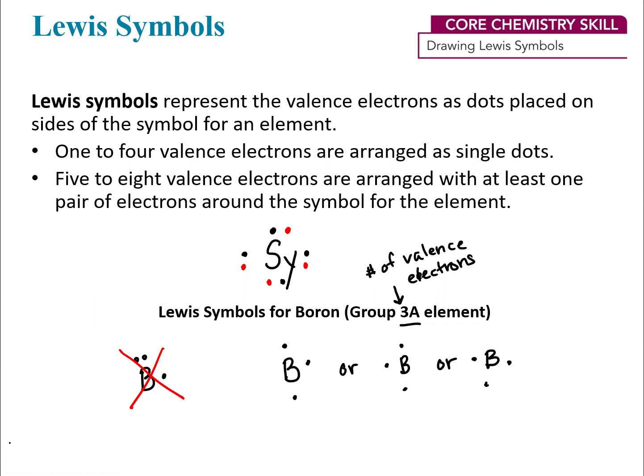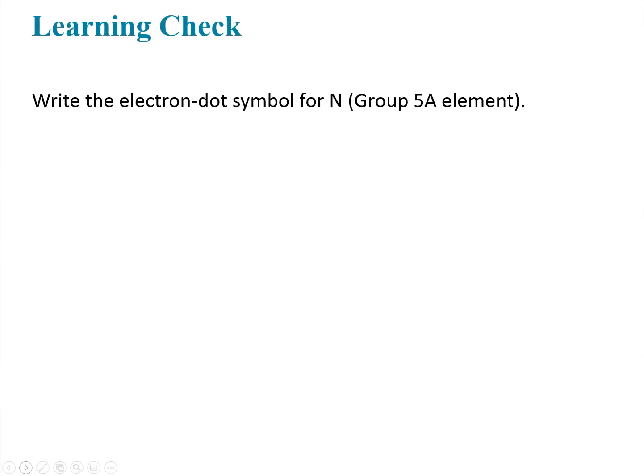Are we ready to try an example? Because I have a problem for you guys to try. You need to write the electron dot symbol, which is the same thing as a Lewis symbol, for nitrogen.